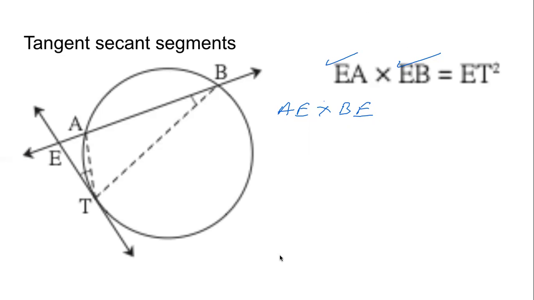Now imagine the other chord was like this, and suppose it was P and Q. So we would have written PE into QE. We would write it like that, right? This is what we would write in case of external division of chords.